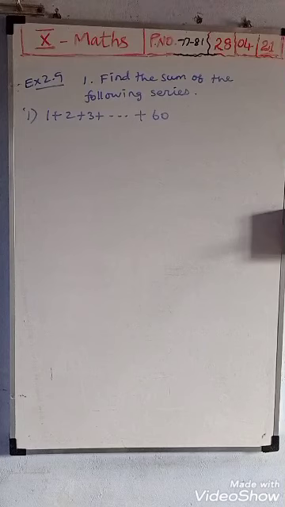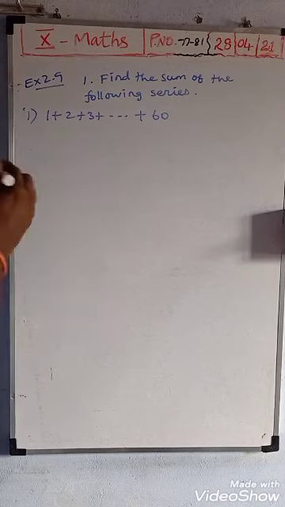The difference is equal and the last term is given, so we want to find n, and then use the formula Sn equals n by 2 times (a plus L) to get the answer. But instead we can use an easier way. It is called a special series, because it is the natural numbers starting with 1 plus 2 plus 3 plus up to 60. We know the formula for the sum of the first n natural numbers, and we want to use that.